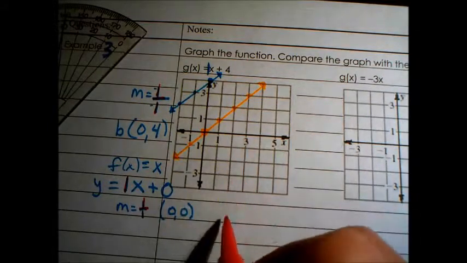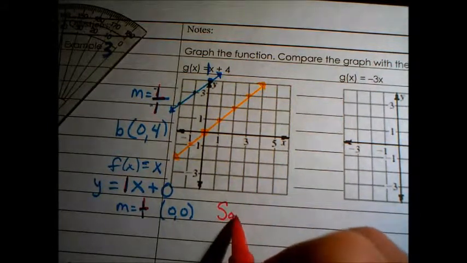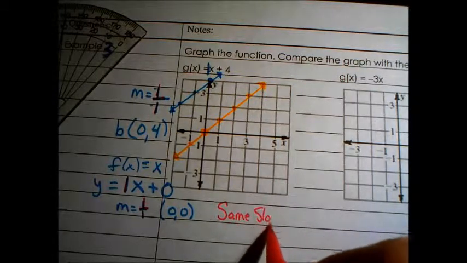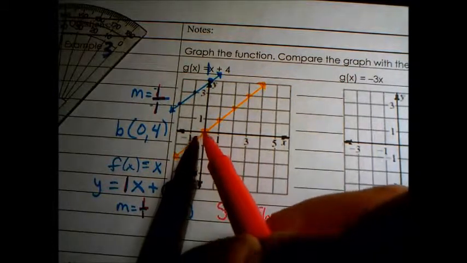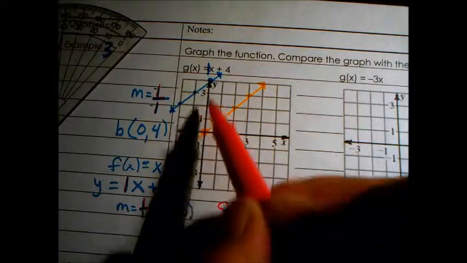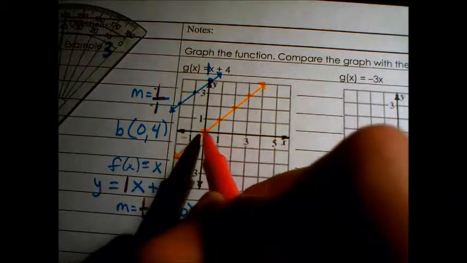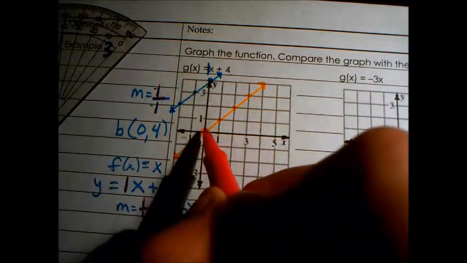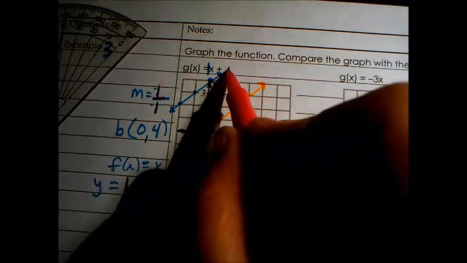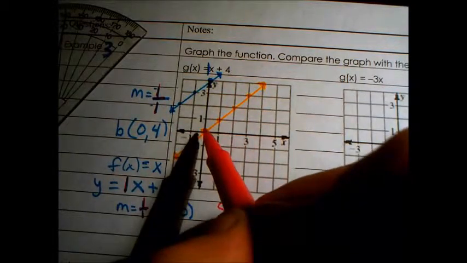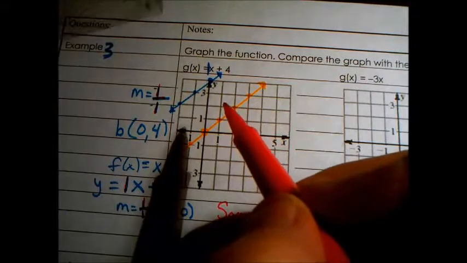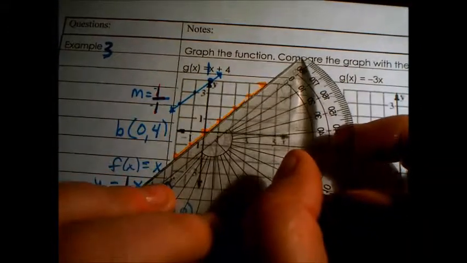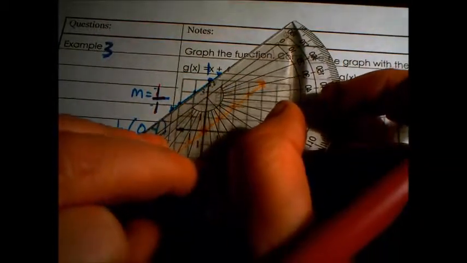Okay? So we have same slope. And then it's not in the same position because the y-intercepts are different. From the parent graph, the blue graph actually slid up exactly 4 units. It's like taking that particular line and saying, okay, I'm going to push you up, straight up exactly the way you are, up here to the 4, and let you line up right there.